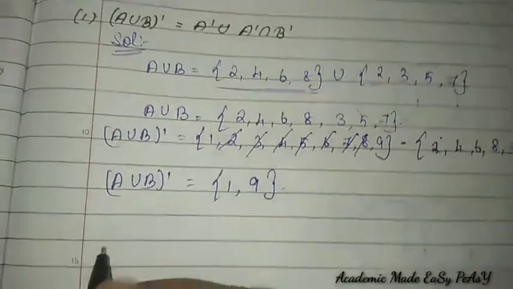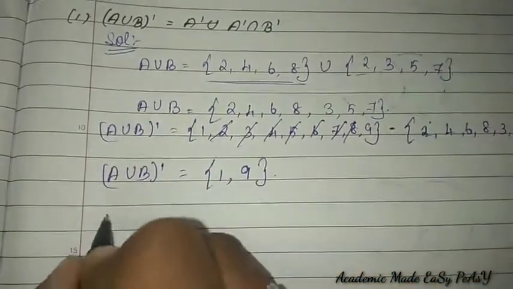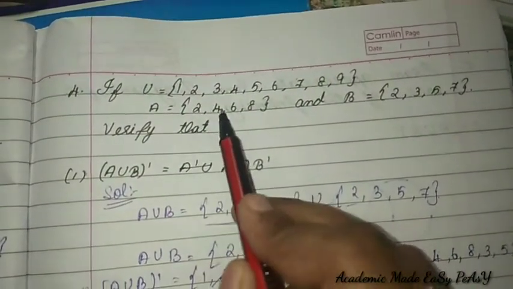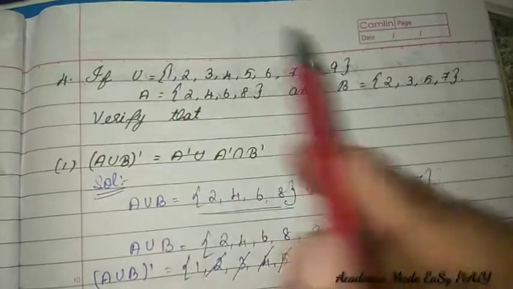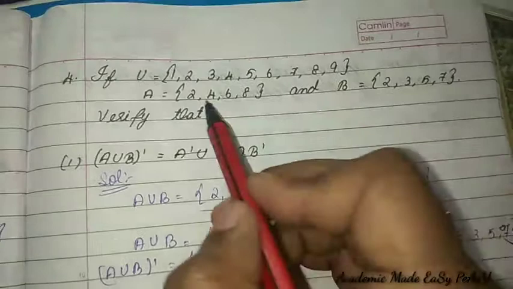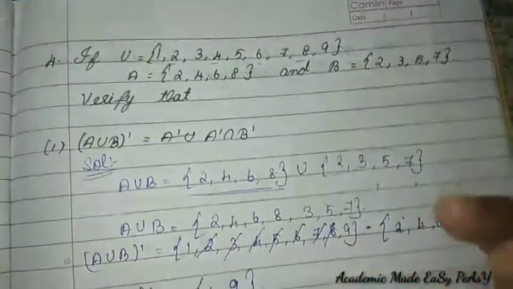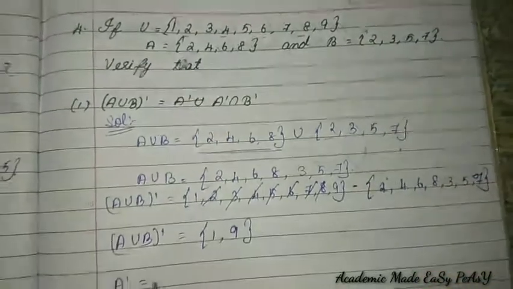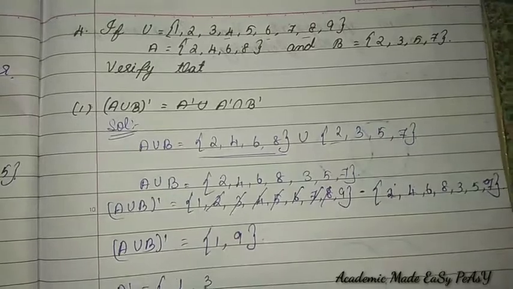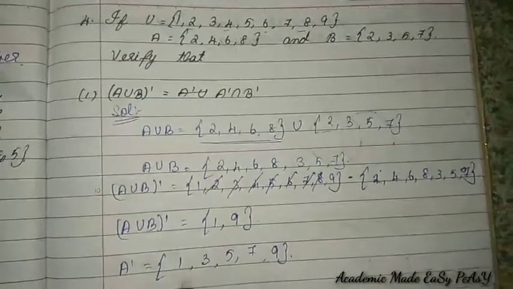This is my answer. So now I have to find A' intersection B'. Now, so my A' is equal to, here I have 2, 4, 6, 8. No, so however I do, I will be doing U difference A only. So directly if I write, leaving out 2, 4, 6 and 8, I will write all the remaining. So therefore I will have 1, 3, 5, 7 and 9. This is my A'.